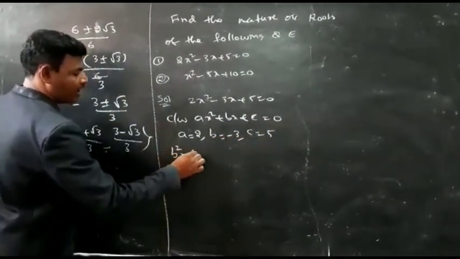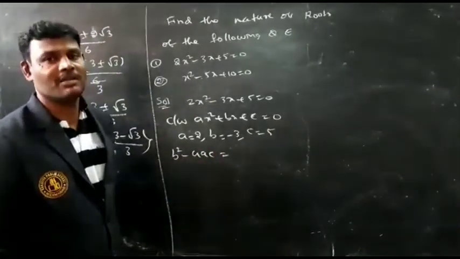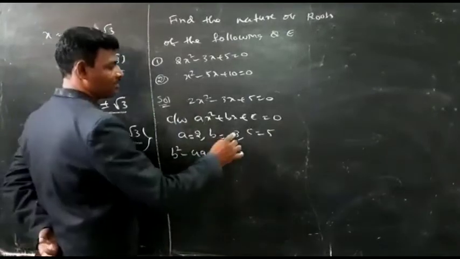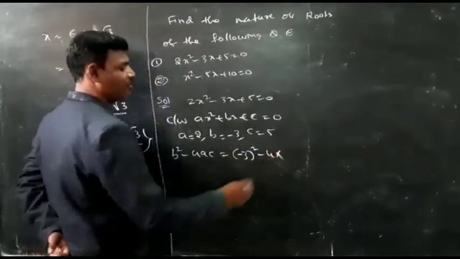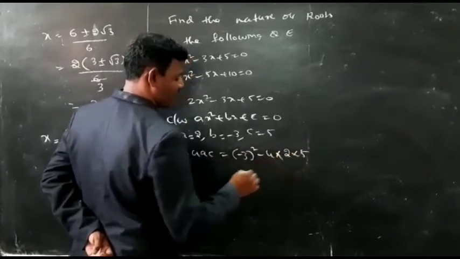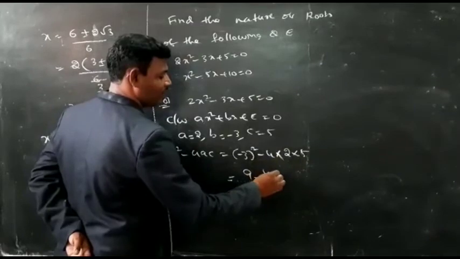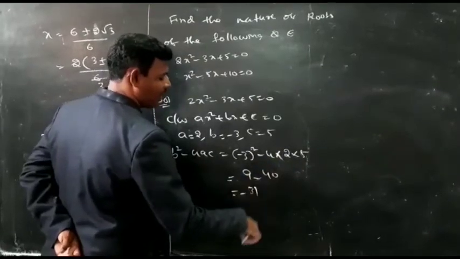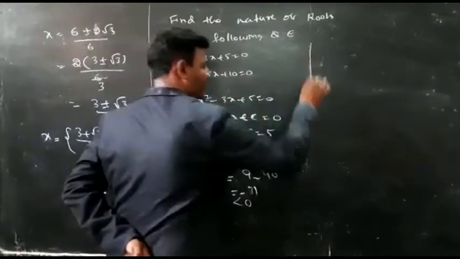So, to find the nature of roots, we have to find the value of the discriminant, b square minus 4ac. b square means minus 3 whole square, minus 4ac means 4 into 2 into 5. Here 9 minus 5 2s are 10, 10 4s are 40, is equal to minus 31. Minus 31 is less than 0.